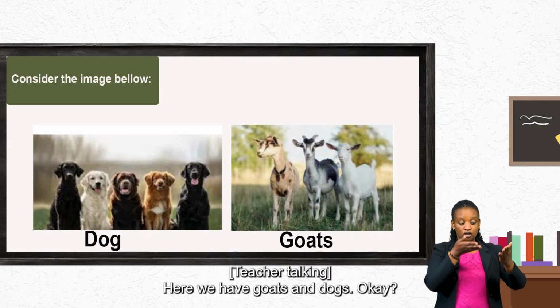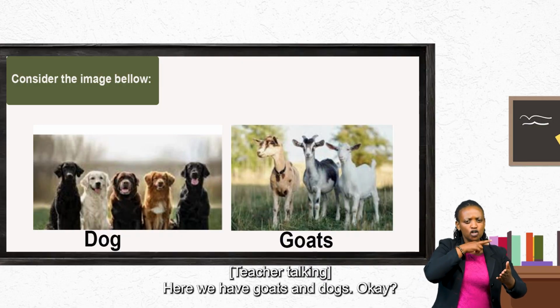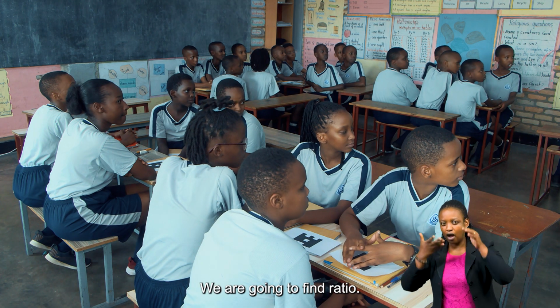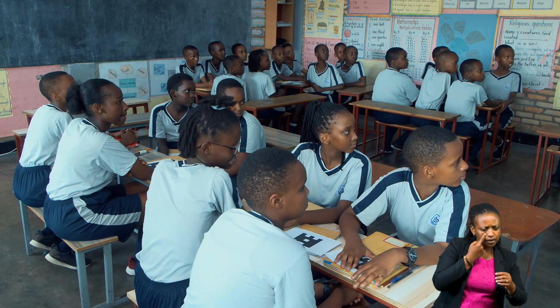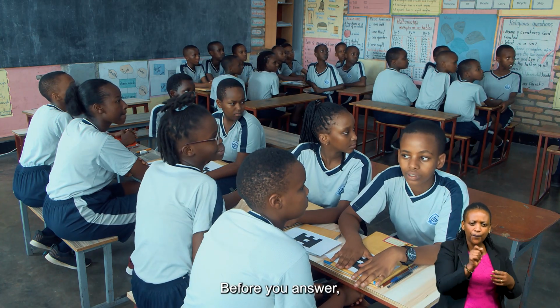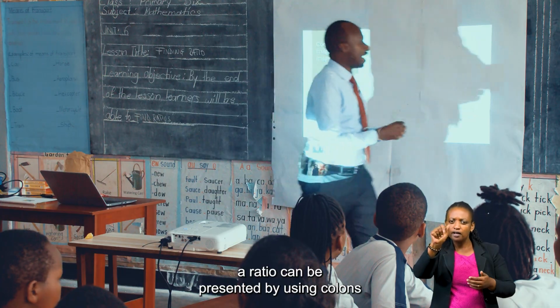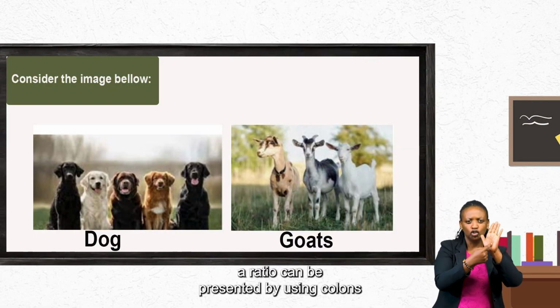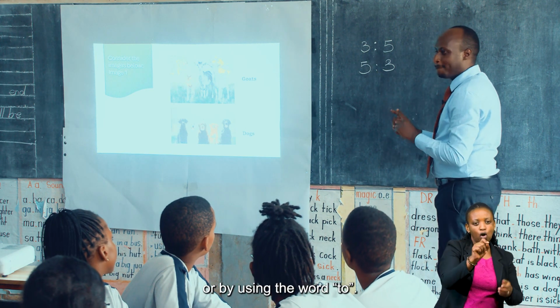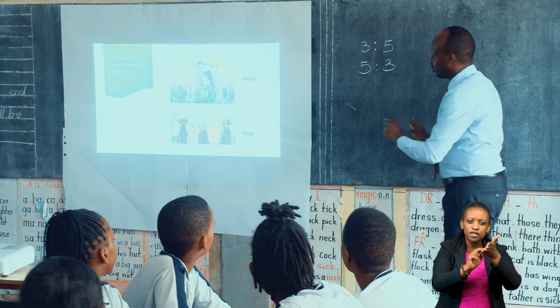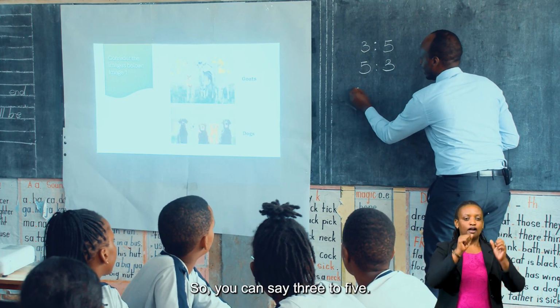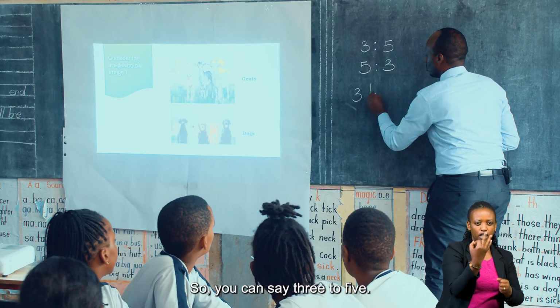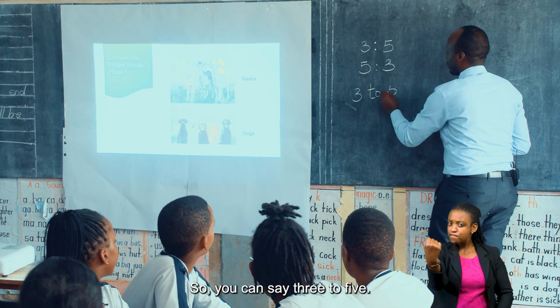Here we have goats and dogs. Okay? We are going to find a ratio. Okay? Before you answer, a ratio can be presented by using colons or by using the word to. So you can say 3 to 5.